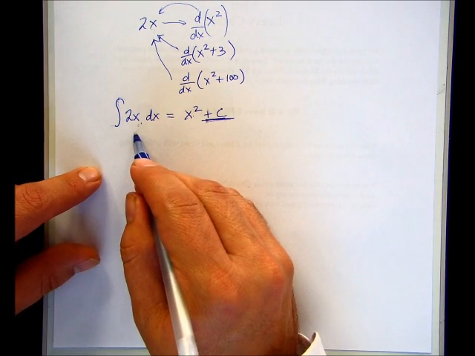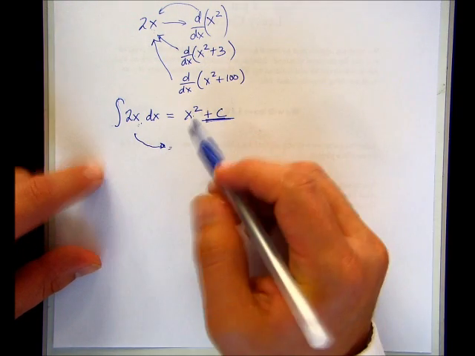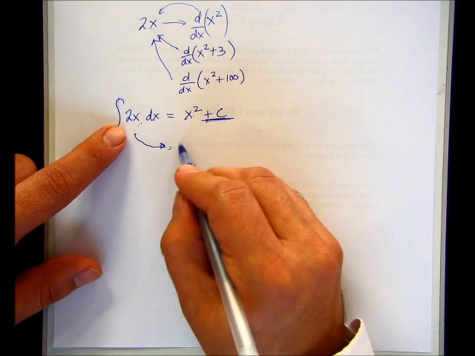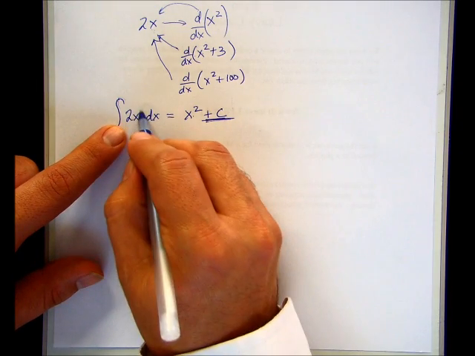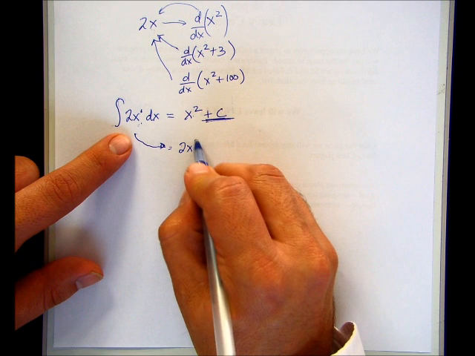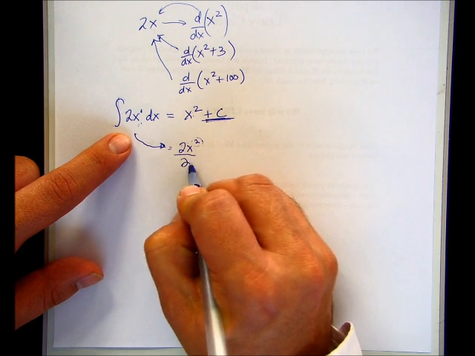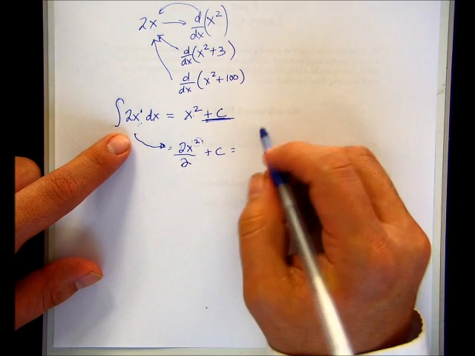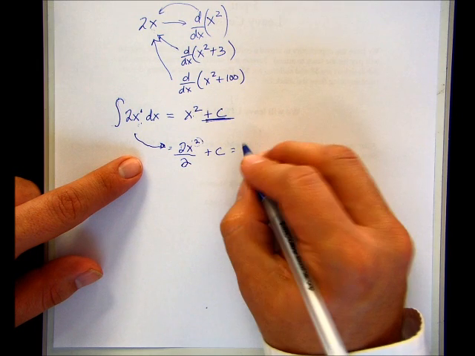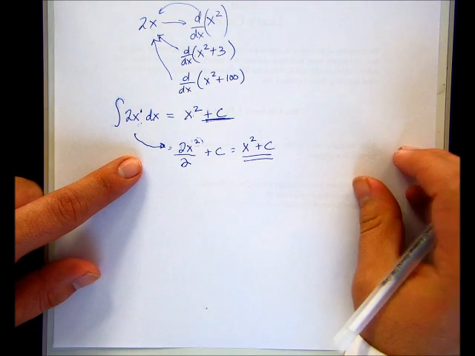So for this one, I would take the 2x and add 1 to the power. The power here is 1, so adding 1 gives 2. Then I divide the entire thing by that number. Obviously the 2 and the 2 simplify, and we get our antiderivative.